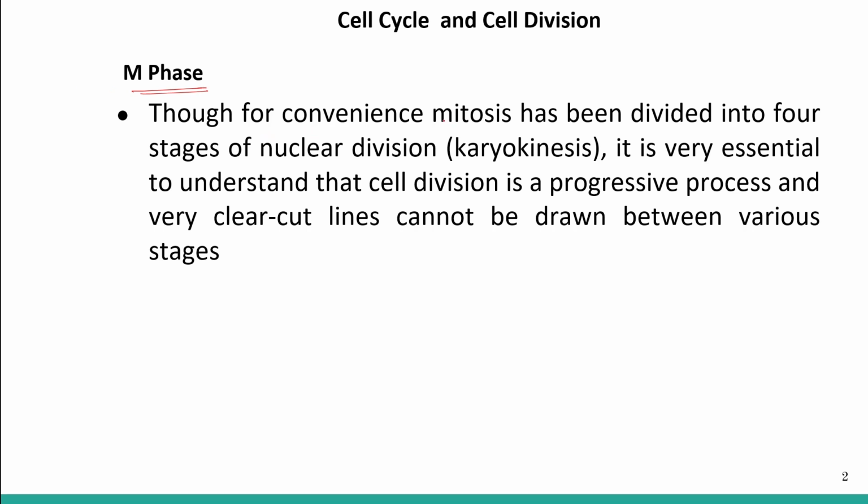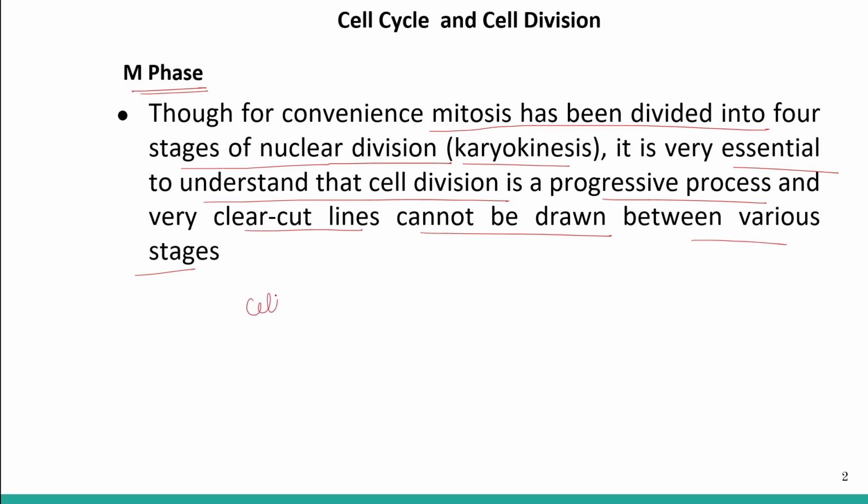Though, for convenience, mitosis has been divided into 4 stages of the nuclear division, that is the karyokinesis. It is very essential to understand that cell division is a progressive process and very clear-cut lines cannot be drawn between the various stages. Cell division has two important steps.